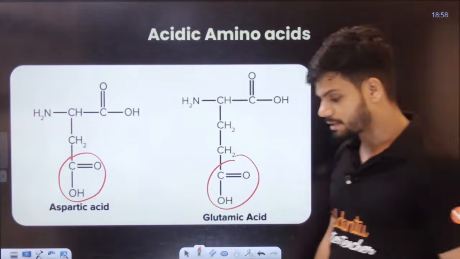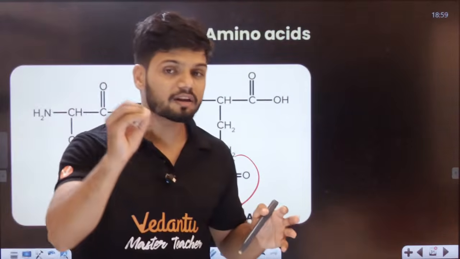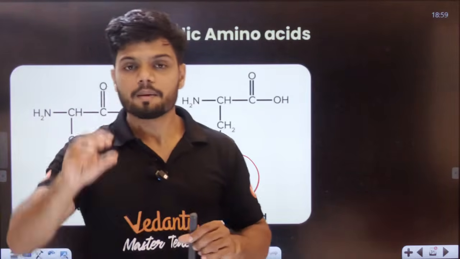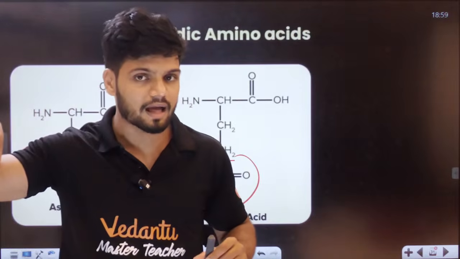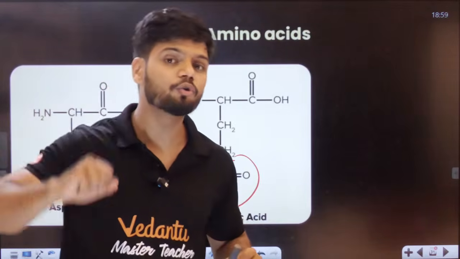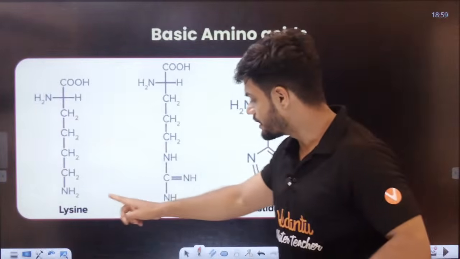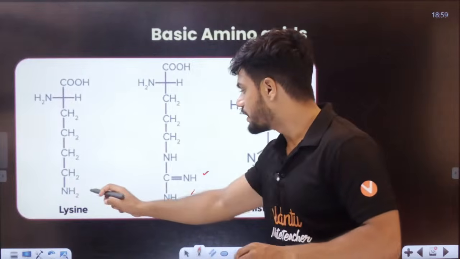Okay. Now, students, if I say something is a basic amino acid, it will have extra what? All of you use your brain cells, students. A basic amino acid will have an extra amino group. Yes or no? So in basic amino acids we have lysine, arginine, histidine. Here we can see it has an extra amino group.